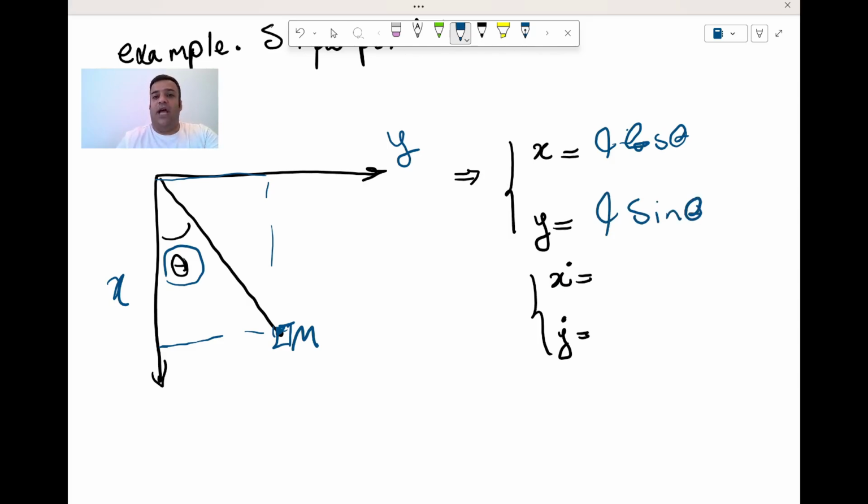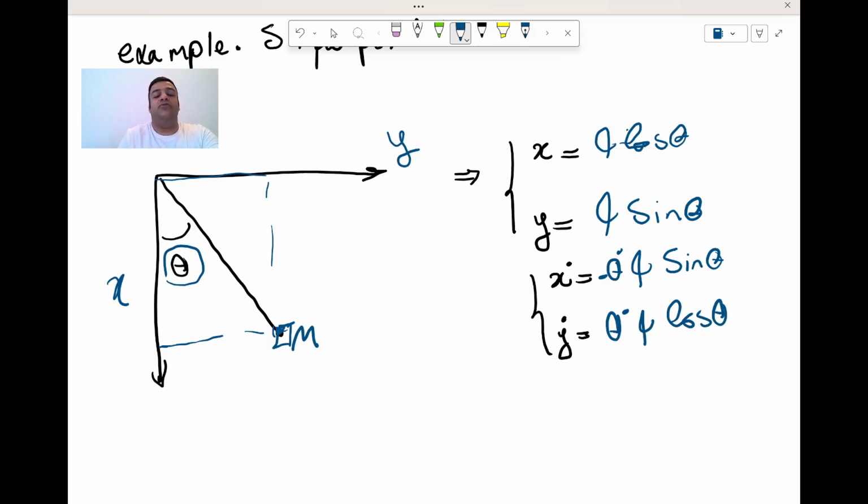What is x dot? The derivative of x with respect to time is theta dot L cosine theta, and y dot is theta dot L sine theta, but with a minus.